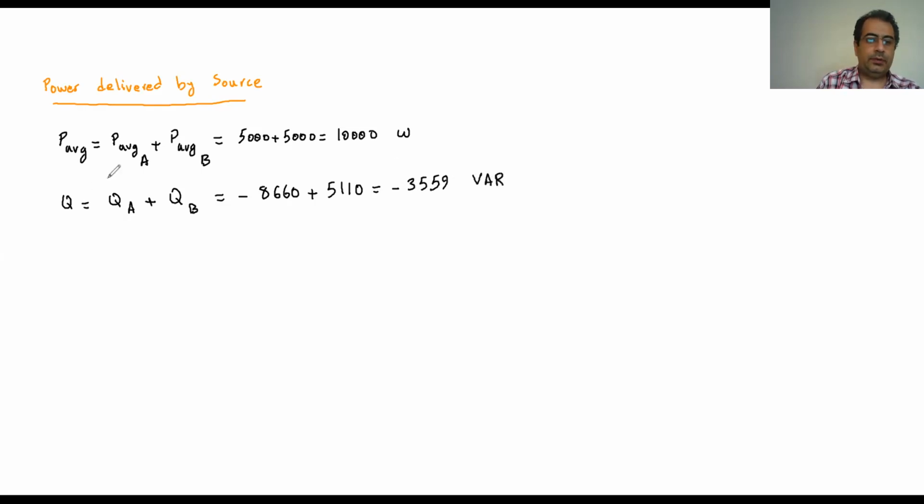So these are the powers. Basically we don't need to calculate them separately, because we know how much is delivered to each of the elements. We just add all the powers delivered to the elements to get the power delivered by the source.